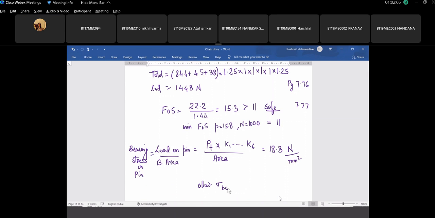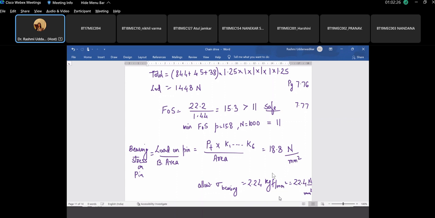Give me the value in Newton per mm square. This is in kgf per mm square. If we simply multiply, this is 22.4 Newton per mm square.